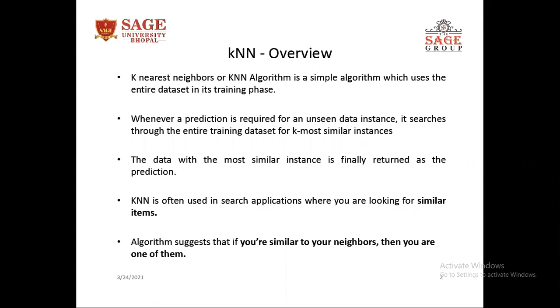K nearest neighbor, or you can say KNN algorithm, is a simple algorithm which uses the entire data set in its training phase. Means there is no need to separate out the data set. And whenever a prediction is required for an unseen data instance, it searches through the entire training data set for k most similar instances.